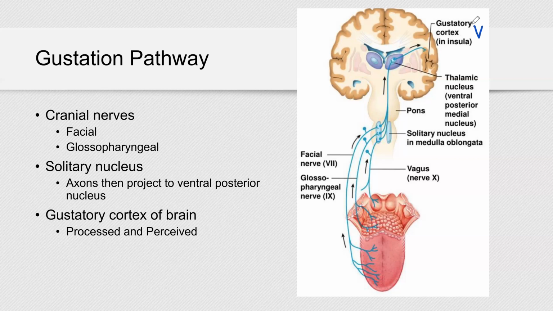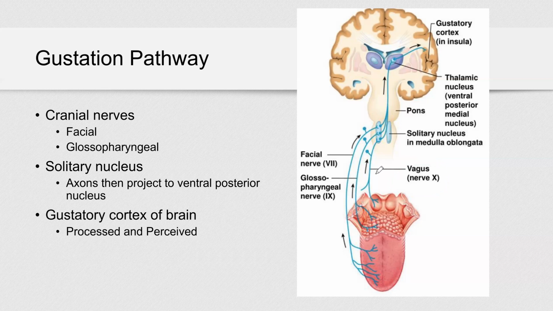And the gustatory cortex is found in a lobe of the cerebrum that's called the insula. That's right there. And those nerves that carry taste to your insula can be the glossopharyngeal, facial, or vagus nerve. Right, so that's why we call it sensory processing.